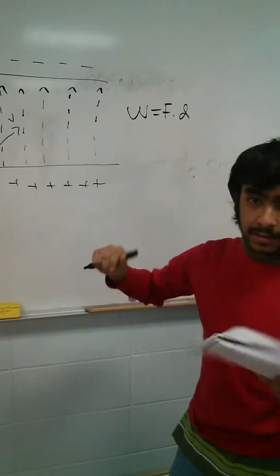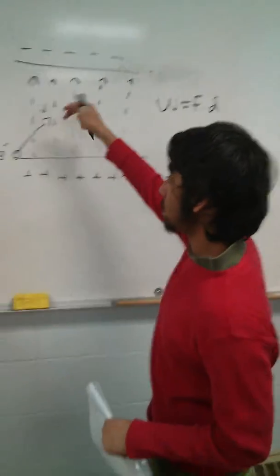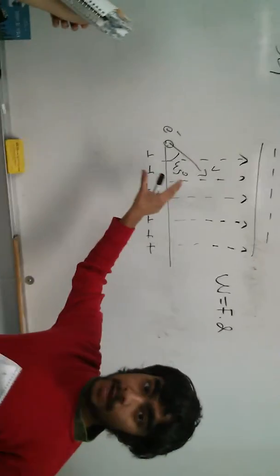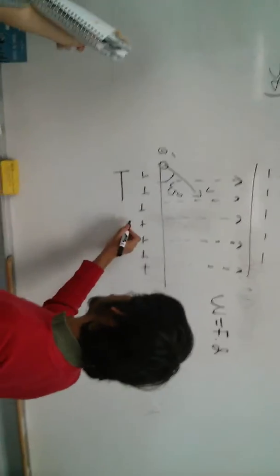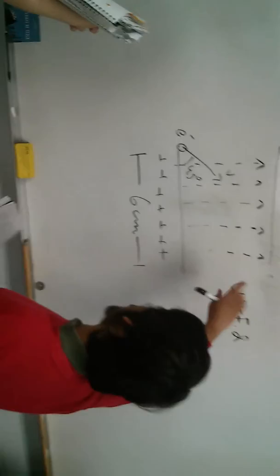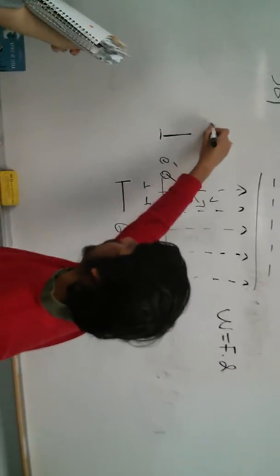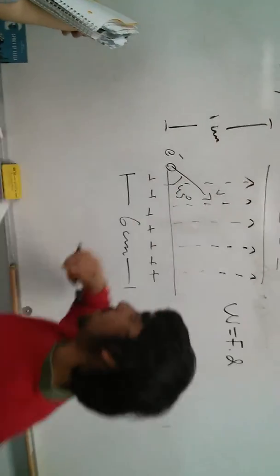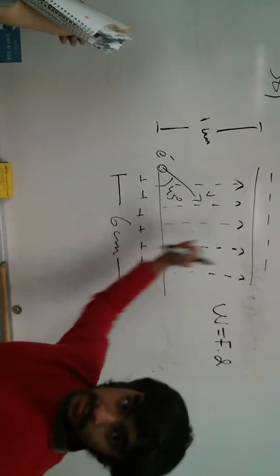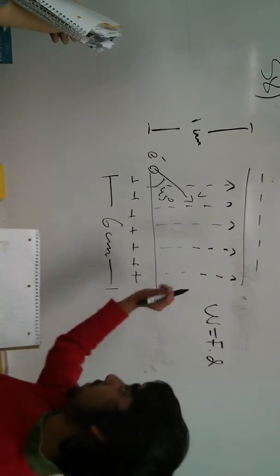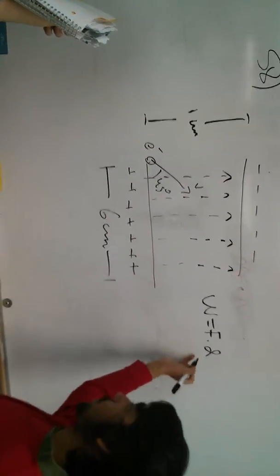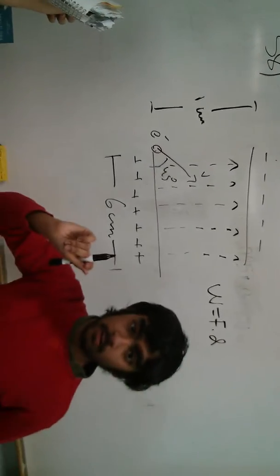And also notice that, even though the electron is moving in at an angle that's actually 45 degrees, the angle doesn't matter. They also give you a length for this, 6 centimeters, but we really only need to know this length, which is 1 centimeter, because the field is going in this direction. So any work that this field does, force times distance, has to be in the direction of the force.